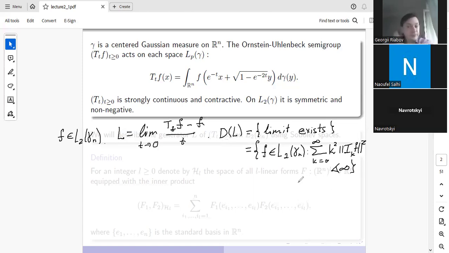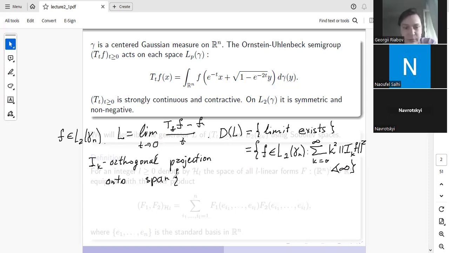And here I_k is the orthogonal projection onto the span of Hermite polynomials of degree k.